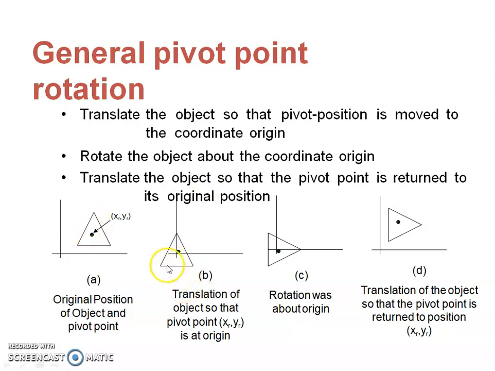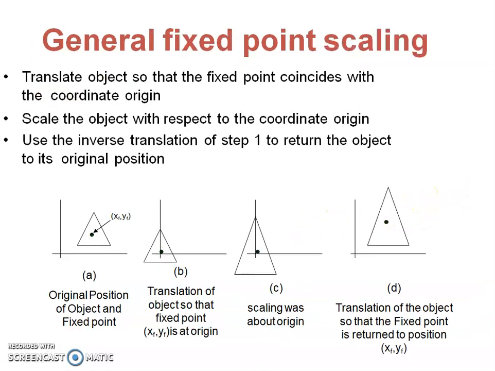It is translated to the origin. Here the pivot point is the origin. Then rotation takes place, rotation about the origin. After that, this rotated object is translated back to the original point, that is xr, yr. This operation is taking place in this case.